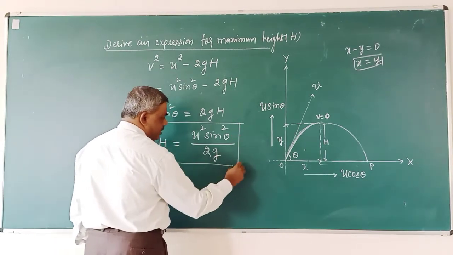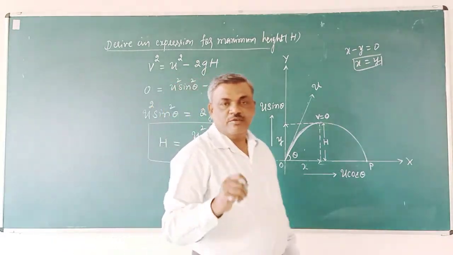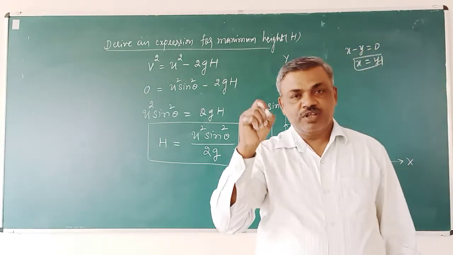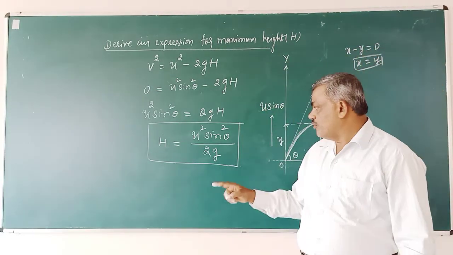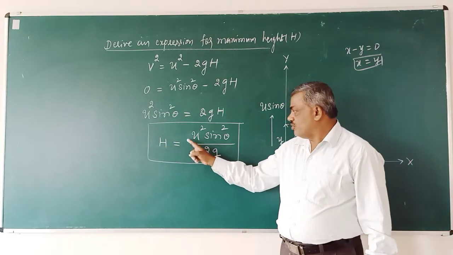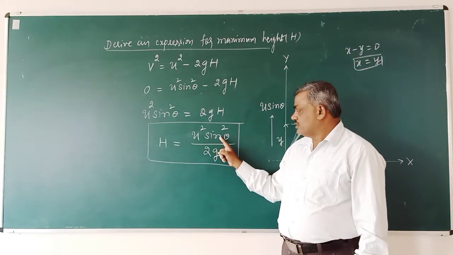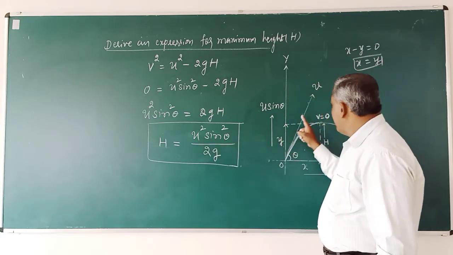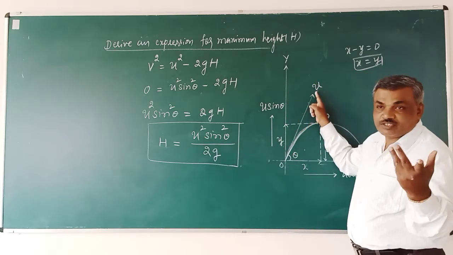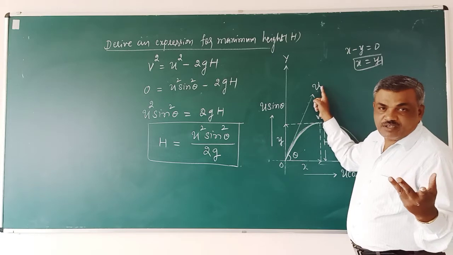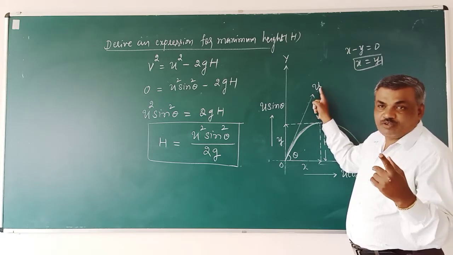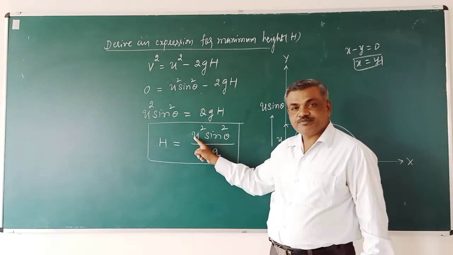This is a very important mathematical formula. In projectile motion, this is how to calculate the maximum height reached by the object or ball. Using this formula, h equals u square sin square theta by 2g. The body may be projected with some velocity, maybe 20 meters per second or 30 meters per second; the given u value is mentioned here.